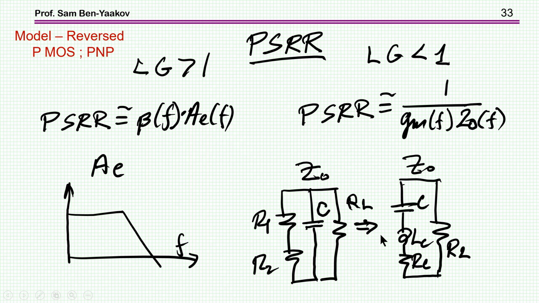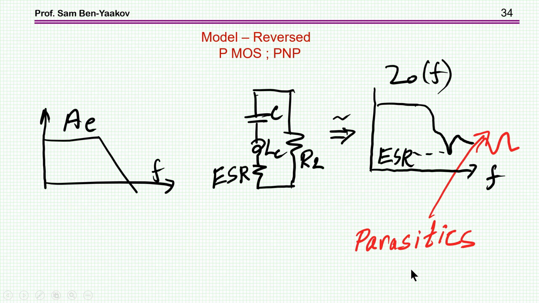Now, in reality, the capacitor will have an ESL, an equivalent series inductance, and then equivalent series resistance. So the actual behavior of this circuit at low frequencies is just the output resistance, but then as the frequency goes up, of course the impedance goes down, but then it peaks to ESR when the resonance is approached, and then it'll go up a little bit, depending on the parasitics of the system.